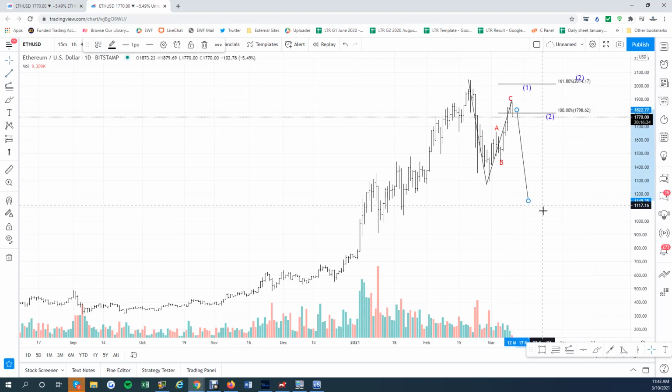Now this is what we call extreme area. If we ever can do something like this, this is going to be a strong support area, which is around 1,200 or so, 1,150 approximately, just by eyeballing it, 100% extension. All right, now if that can happen, then yes, this is going to be a very strong support.